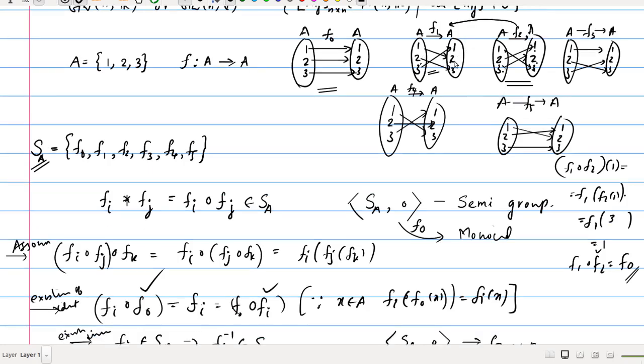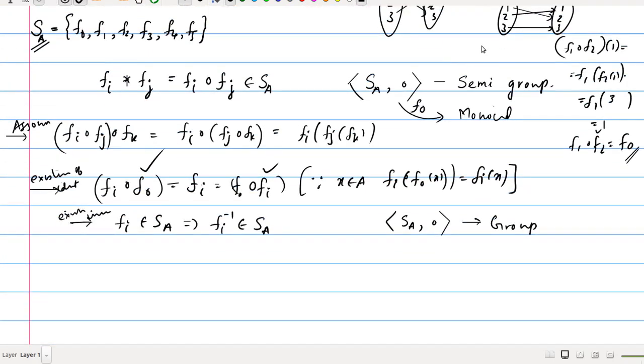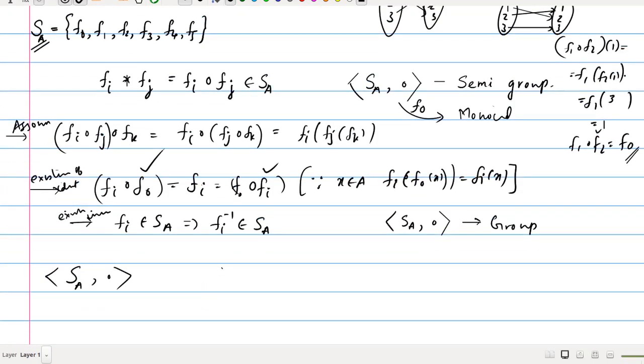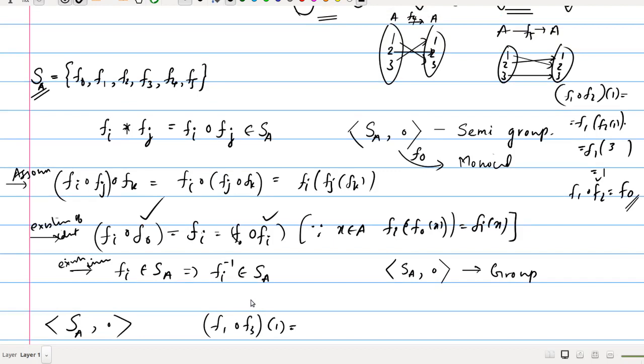Therefore this S_A forms a group along with the composition. But the interesting fact is that if we consider f1 and f3, what is f1 composition f3 of 1? How will you evaluate it?